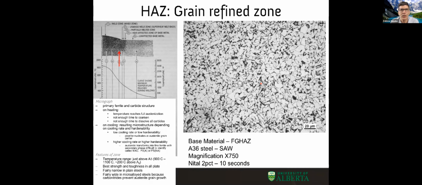Because the temperature is not very high, whatever austenite was nucleated is not going to coarsen very much, and then it's going to cool down into what? It's going to cool down into ferrite and perlite, fine ferrite, right? And this is very similar to what we have been discussing all the time, right? This is what we saw in the intercritical region, except now there's no traces of the original primary ferrite. This is all small ferrite.